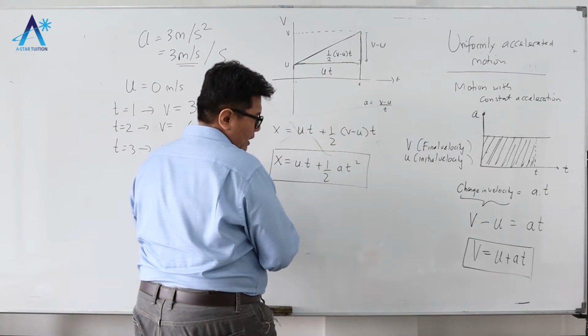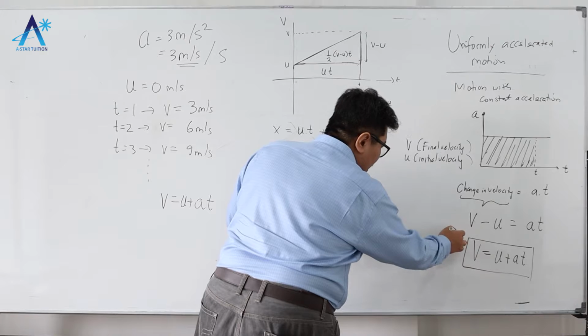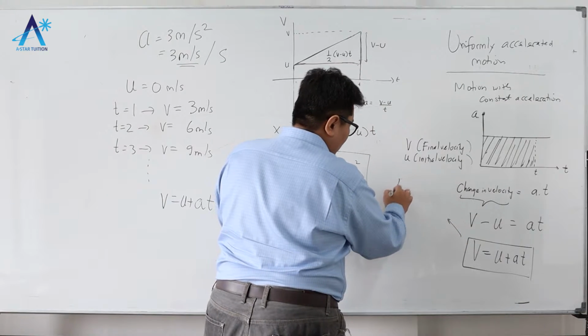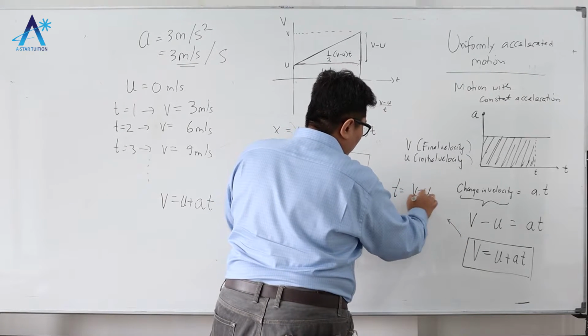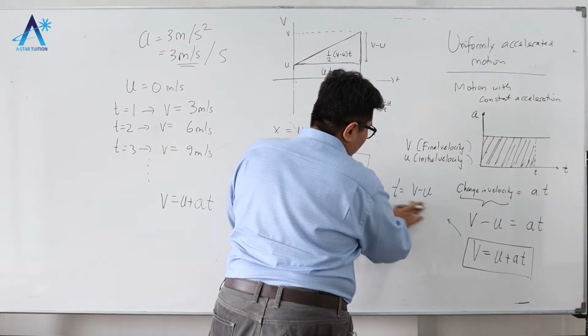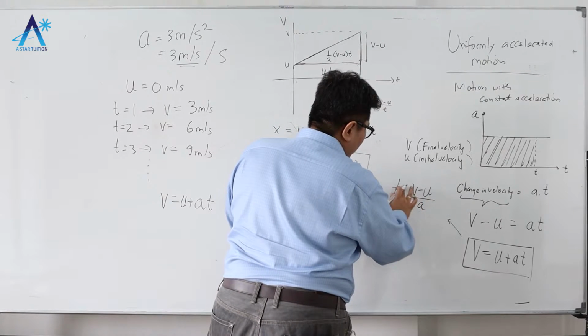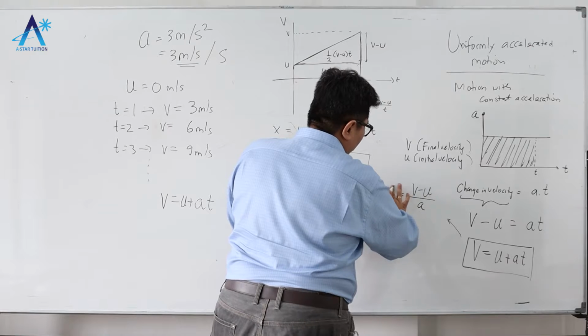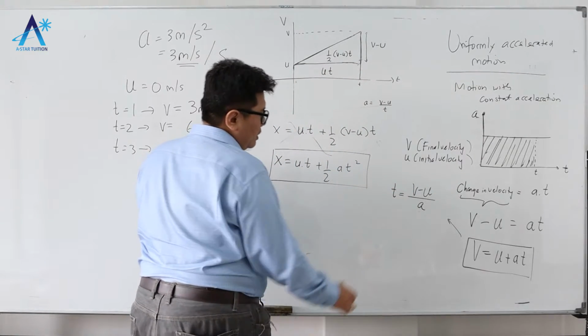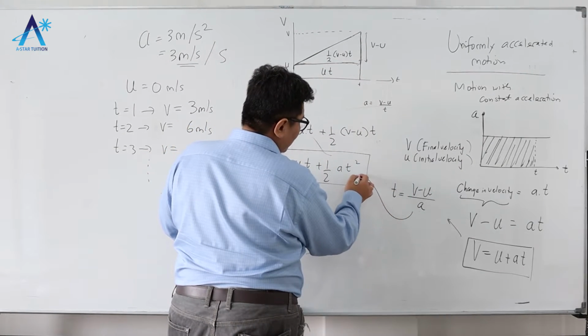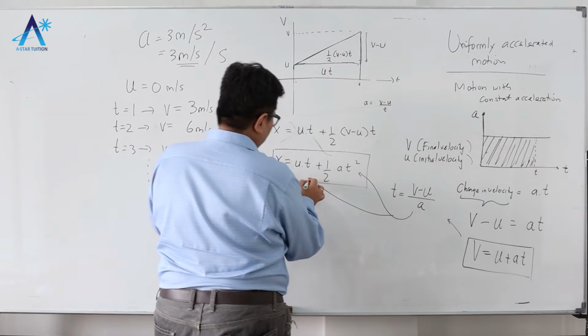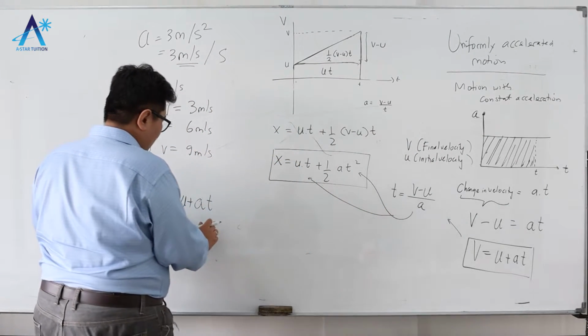What happened? Okay, so again here, I can write the time as t equal to phi minus u divided by a, and then I can use this value of t and substitute here. So let's see what happened if we do that.